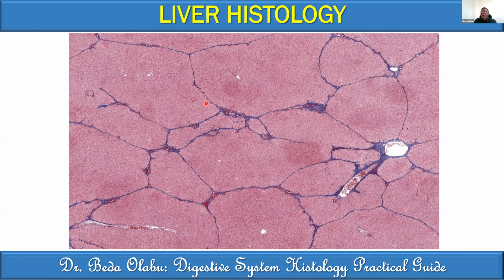This stromal tissue will contain with it the branches of the portal vein and the branches of the hepatic artery. So they accompany the blood vessels. You will most likely not have the stromal tissue around the hepatic veins because hepatic veins drain from the center of the lobules.